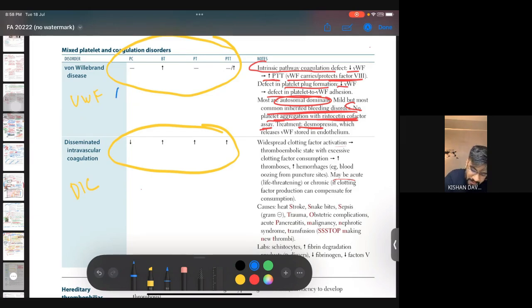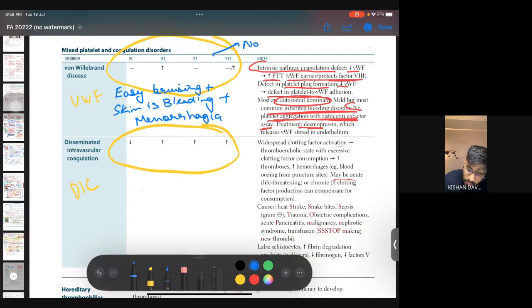The case will be easy bruising plus skin and mucosal bleeding, and most commonly they will give you menorrhagia. No joint or deep tissue bleeding. Okay, so keep this in mind.